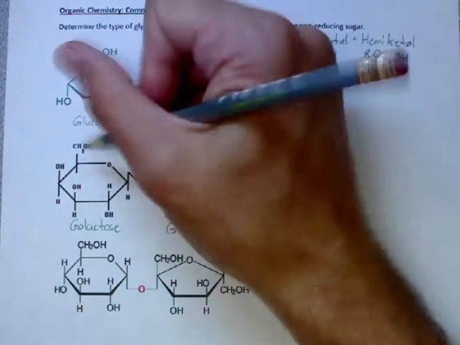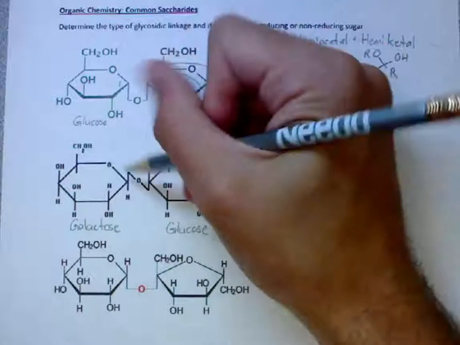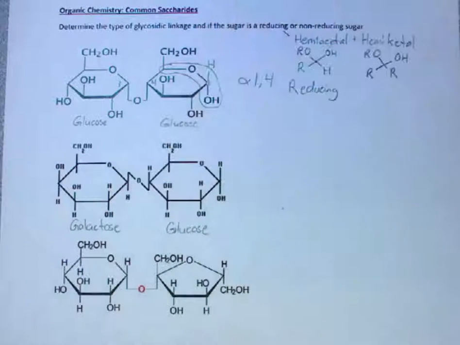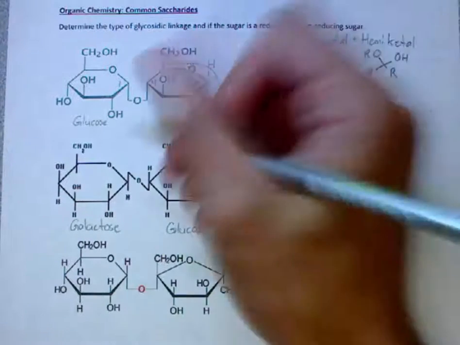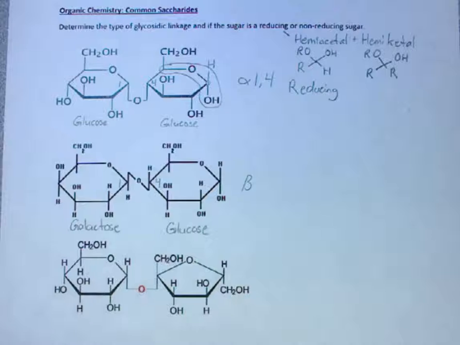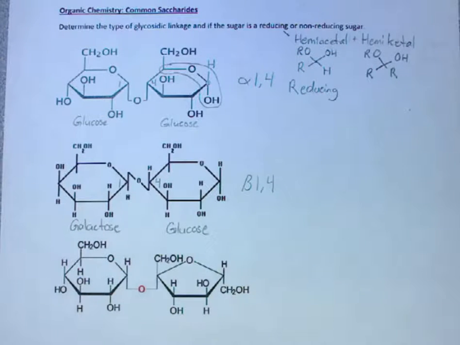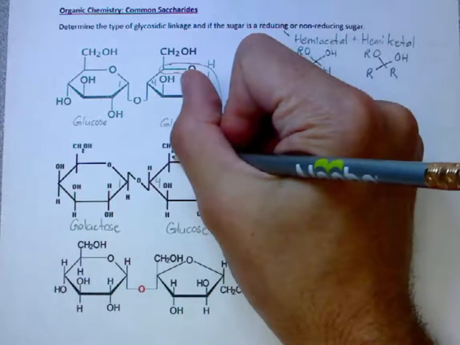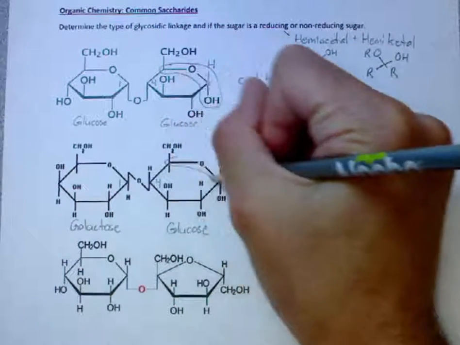And we can see that we have our CH2OH group up, and our linkage to the oxygen here is also going up. Therefore, this will be a beta linkage, and this is carbon 1, and this is carbon 4. We also have the same motif of the hemiacetal, C-O-C-OH, right here.